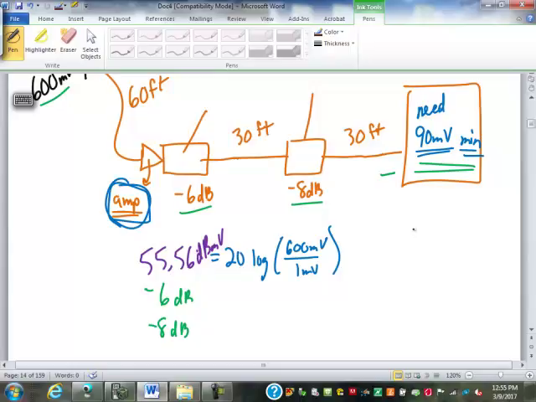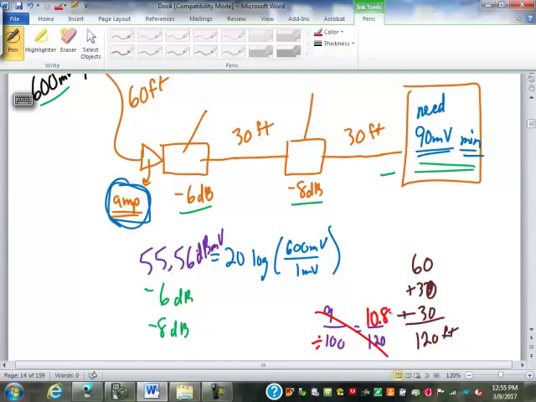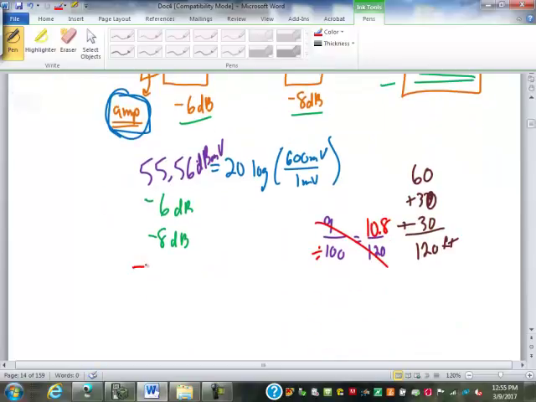Okay, for the cable, we've got 60 plus 30 plus 30 is 120 feet. Yeah, we do a proportion. 9 per 100 feet equals X per 120. That is 10.8 when you cross multiply and divide. So we're losing 10.8 dB for that.